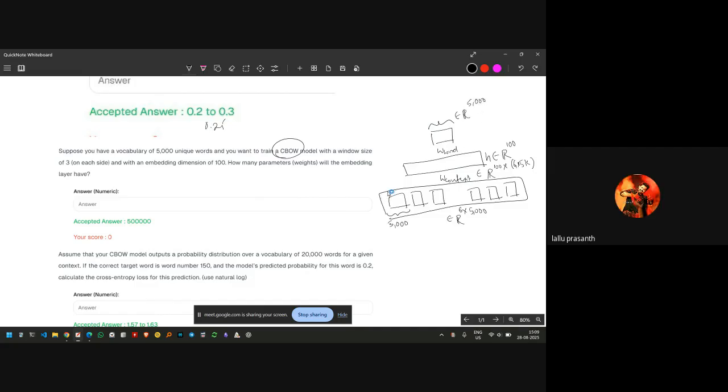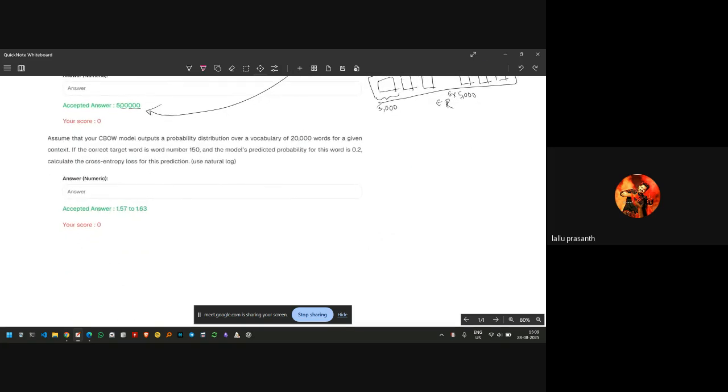Okay, and we want the dimension of W word. This is R 5000 into 100. So this is the word embedding. So 500,000, 5 lakh, no? Yes. 5 zeros. This is the answer.